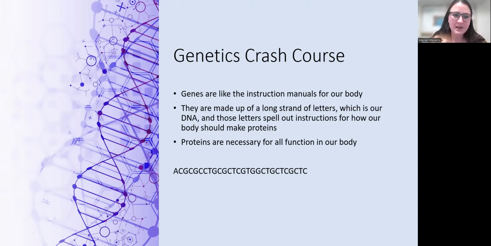So on the left, what you're seeing in that little picture, that's essentially what our DNA looks like. And if you zoom in really closely on a gene, it looks like this little strand of letters here. So it's just a bunch of A's, C's, G's, and T's that are written out just like this. And that's providing instructions for how proteins should be made in your body.